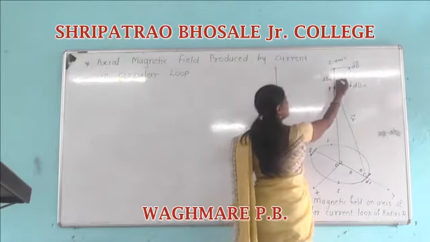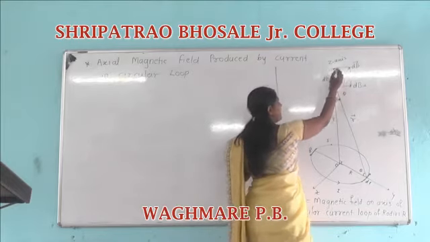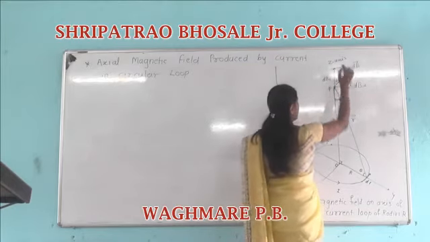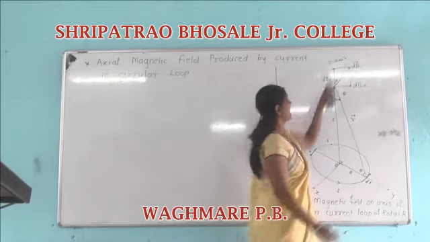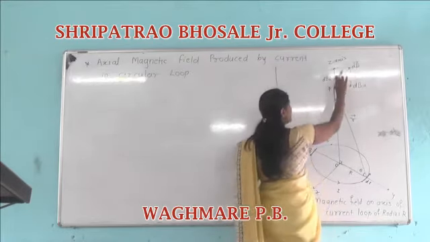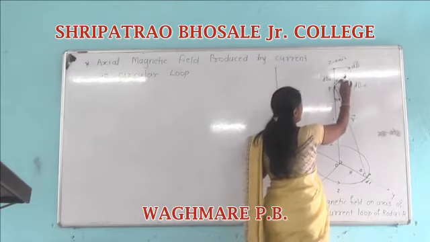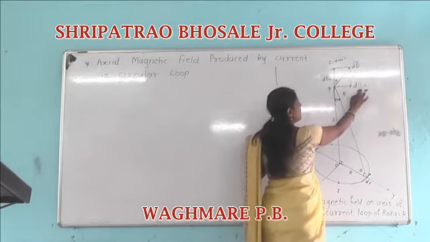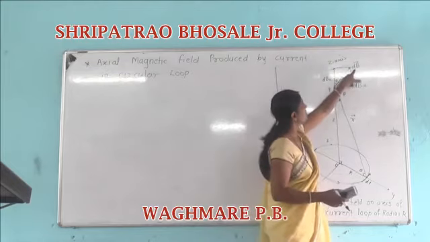Now the components of dB can be written. This is the angle theta. Therefore, this side becomes dB sin theta. This side is parallel to the dB perpendicular, that is the component of dB.